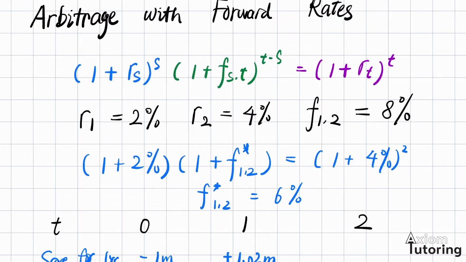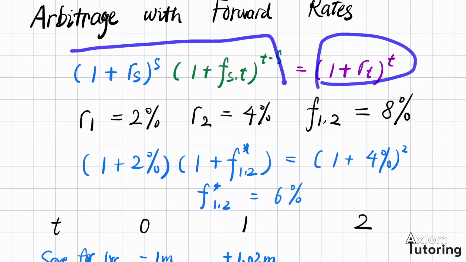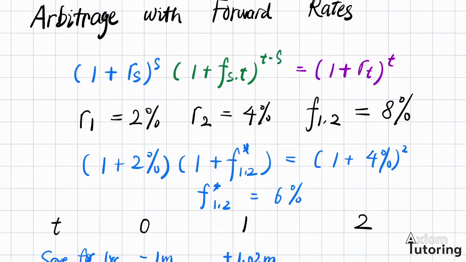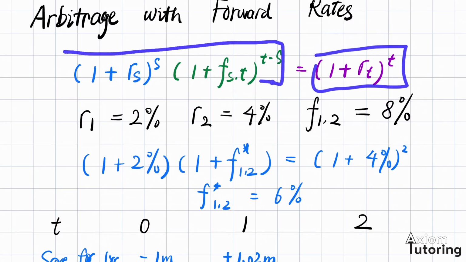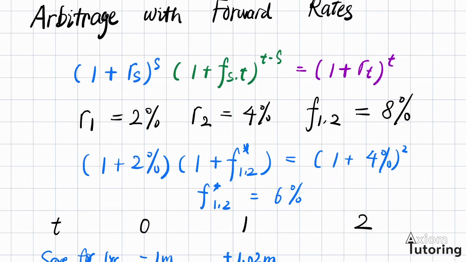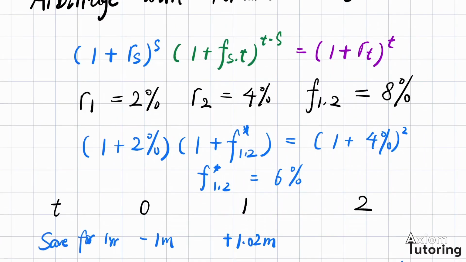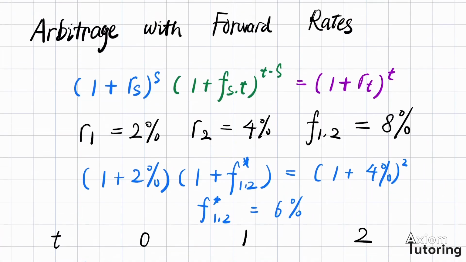We would do the right-hand side and the opposite of the left-hand side. In other words, we go long on the right-hand side and short on the left-hand side, and still reap the profit. This should provide you with guidance on how to construct an arbitrage portfolio with mispriced forward rates. I'll see you in the next video.